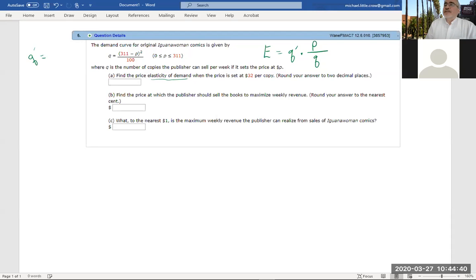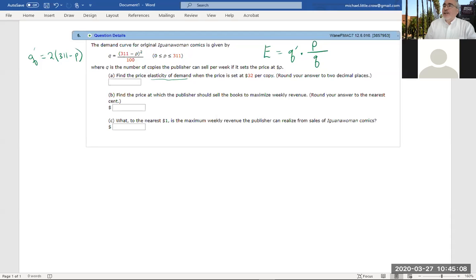So the derivative of Q. This 100 is just a constant multiplier or divider. This one we actually use the chain rule. The 2 comes down in front. So when we take the derivative, we're taking the derivative of this whole parentheses. The 2 comes in front times the original.